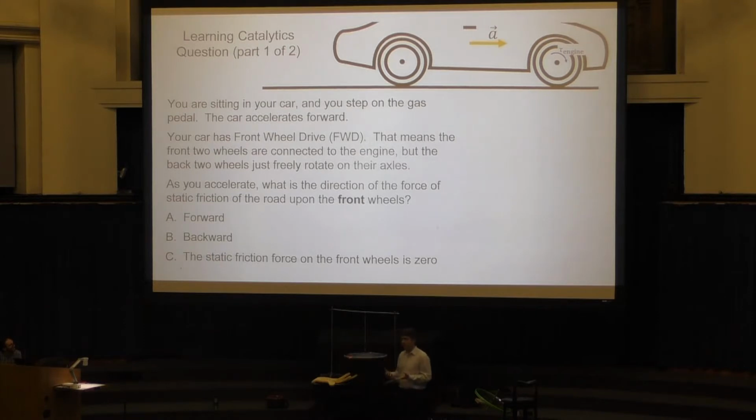And FWD means that the front two wheels are connected to the engine, and when you step on the gas, those are forced to rotate, whereas the back two wheels are just freely rotating, so they're greased up, but they just roll along. And RWD, rear wheel drive, the rear wheels are connected to the engine, but the front wheels are just free to rotate.